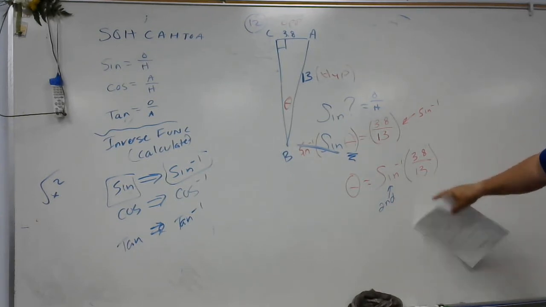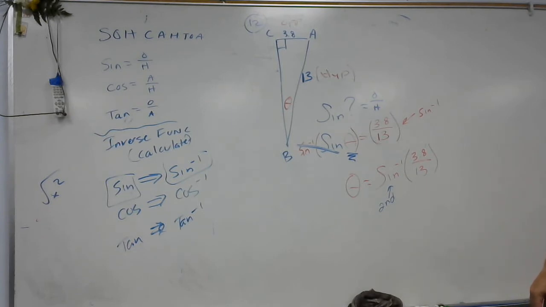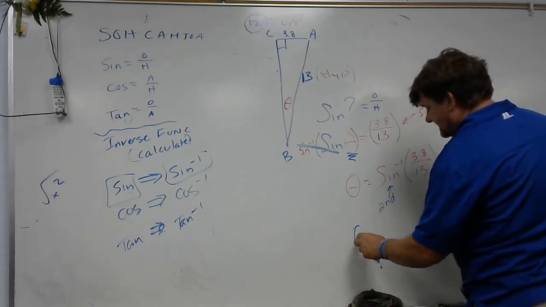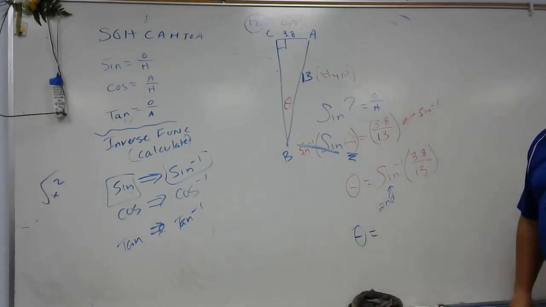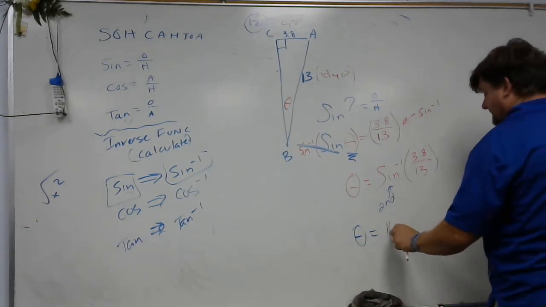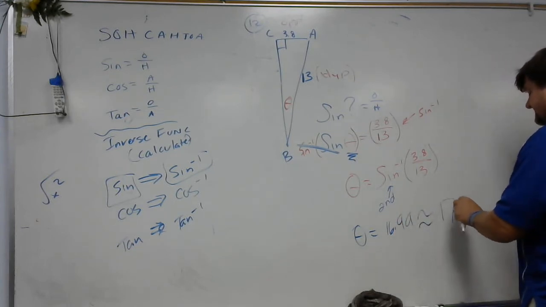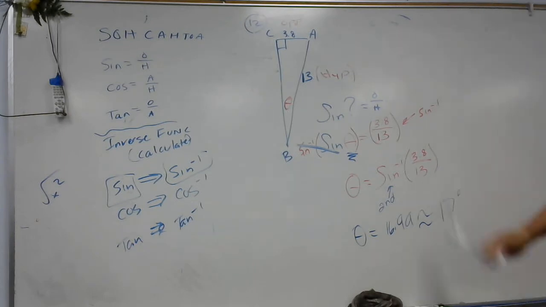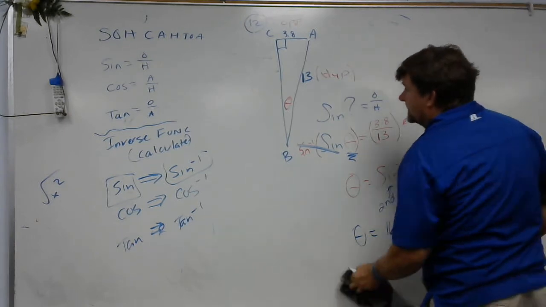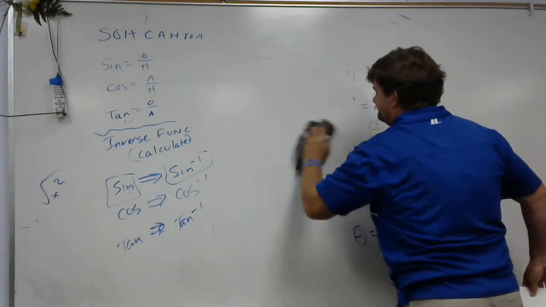Well, it's division. So we just do 3.8 divided by 13, close the parentheses, hit enter, and this angle is about 16.99 degrees, or approximately 17 degrees. That's number 12.